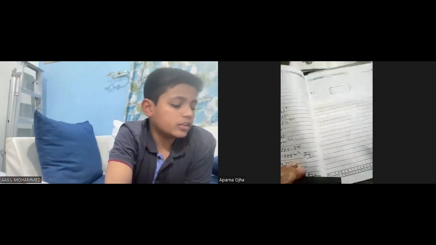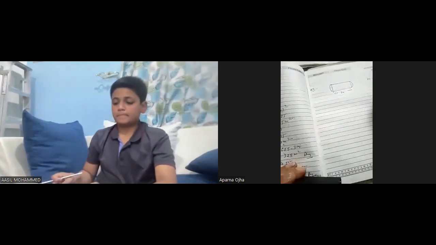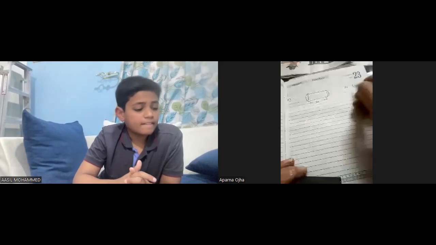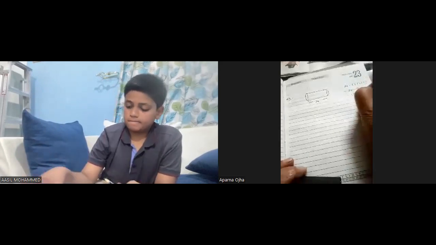Length of the rectangle is 20 minus (3.5 plus 3.5) meters. 20 minus 7. That means 13.